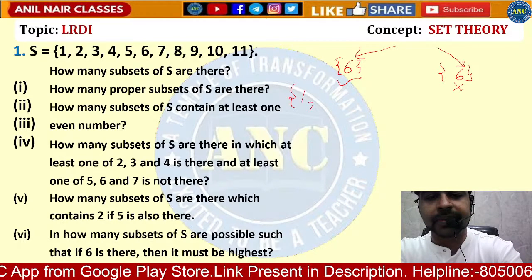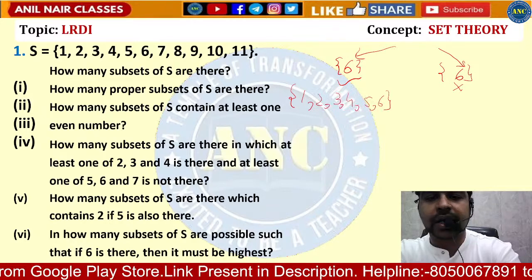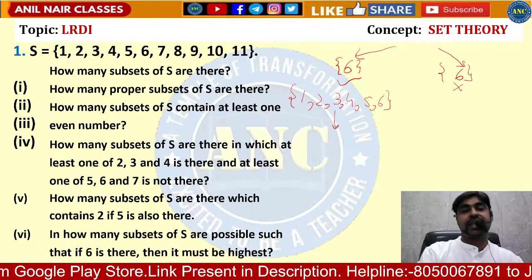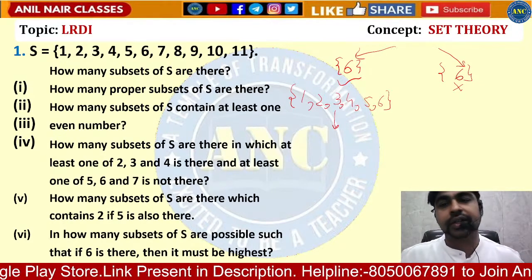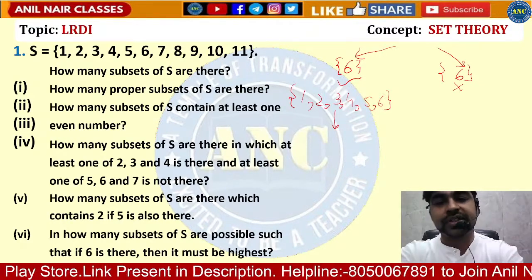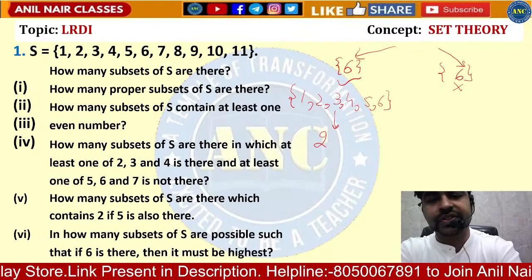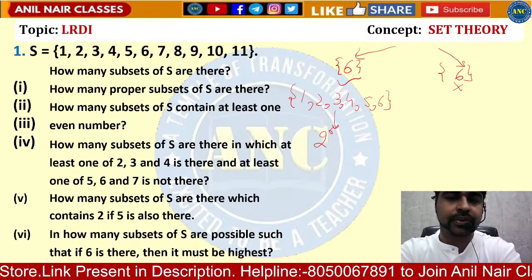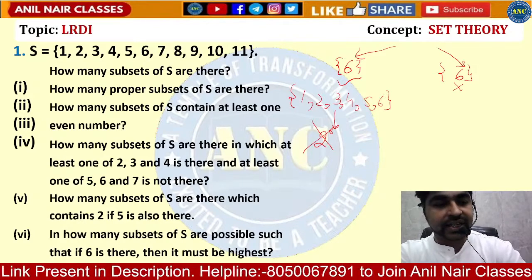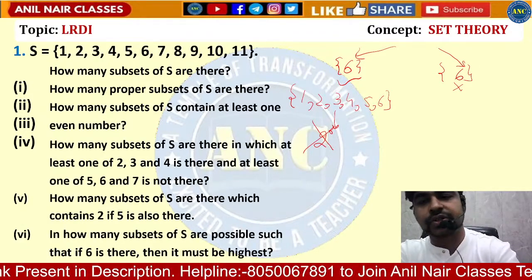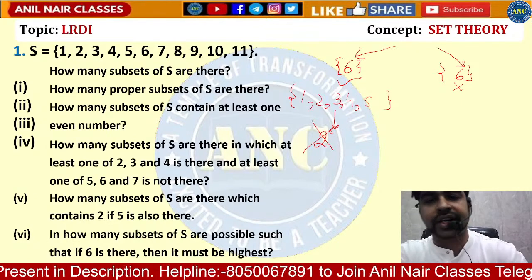Then that means 7, 8, 9, 10 and 11 should not be there. Okay. So how many options do I have? 2 to the power of 6. No. If 6 is there, then you don't have a choice of taking 6 or not taking 6.